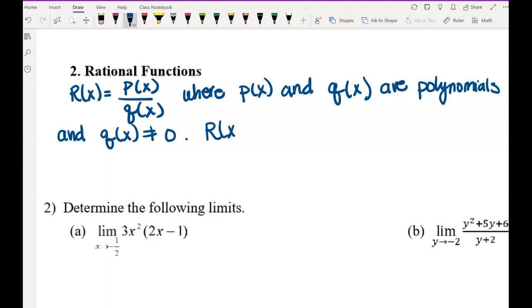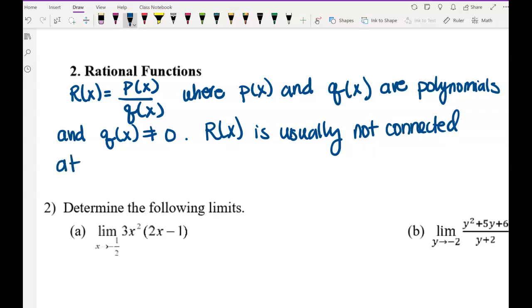So to find where it's not continuous, we take q of x and set it equal to 0, because that's either a hole or an asymptote.